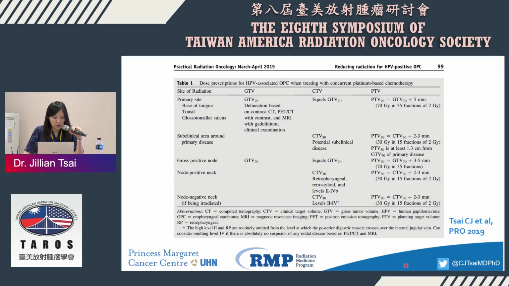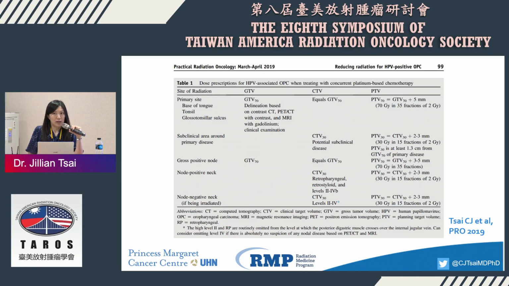At Memorial Sloan Kettering, we started decreasing the elective dose in concurrent chemo RT patients for oropharynx treatment because we found that the elective dose of 60 gray or 57 gray really caused a lot of toxicities.